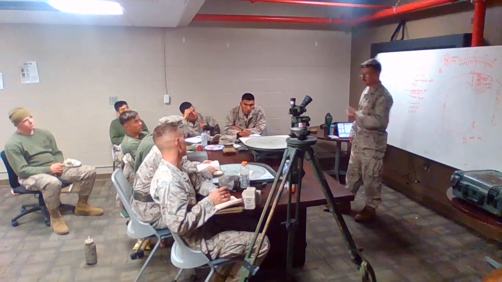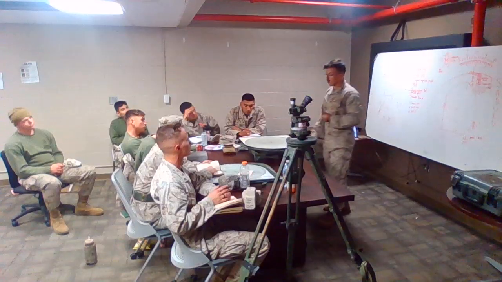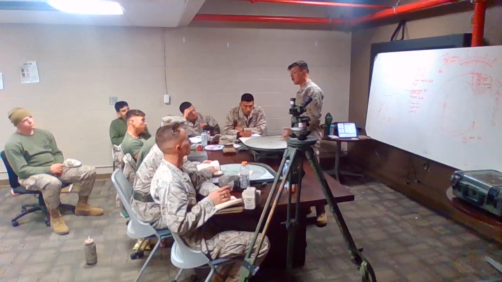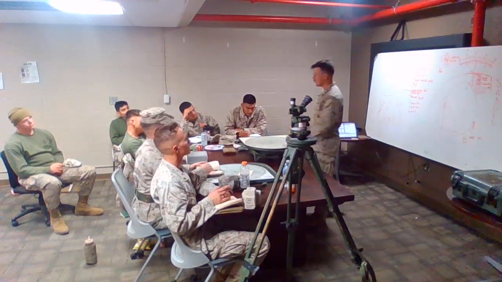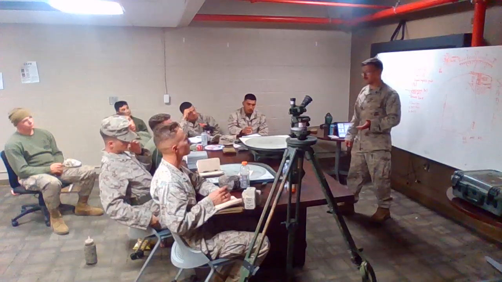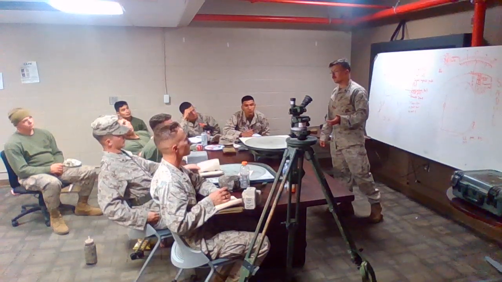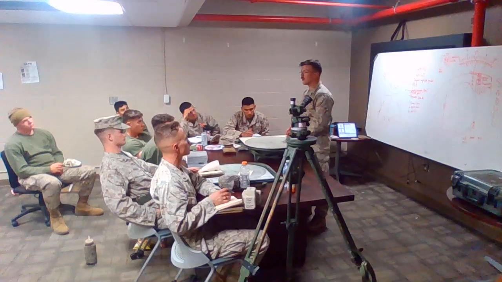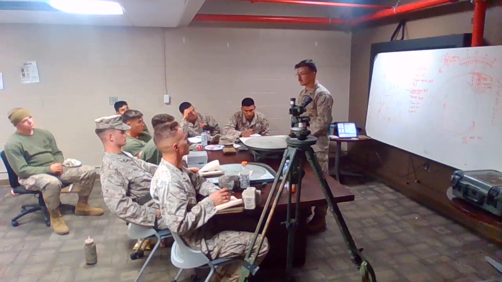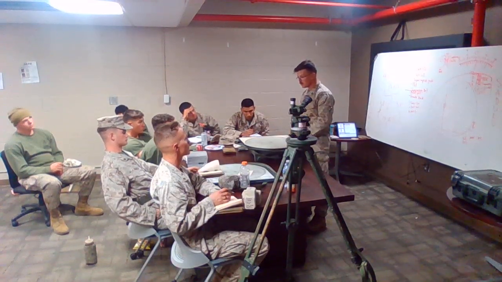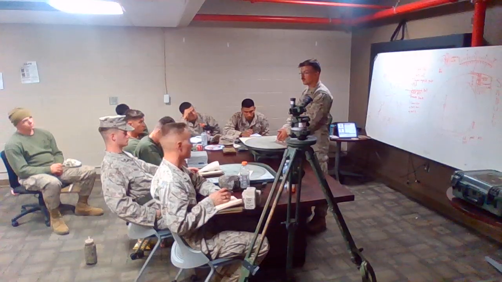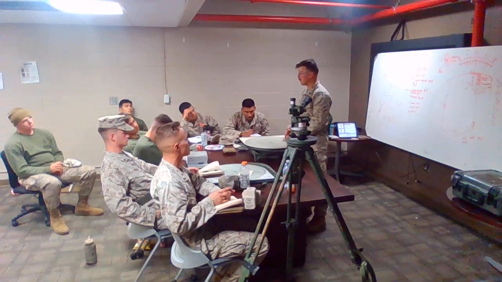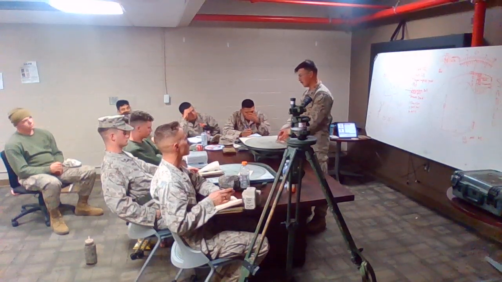So think about it. With grid, you're using grid on your maps, your plotting boards, and what have you. But on your guns themselves, they are orienting in the actual direction. The actual direction would be magnetic. So grid is only in reference to maps and that type of thing.